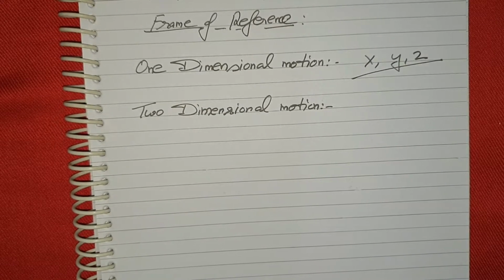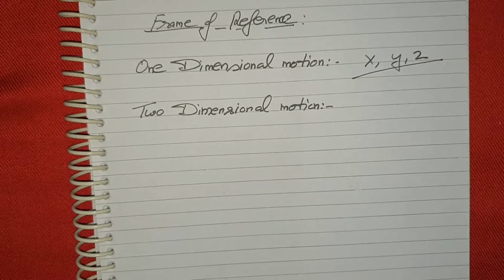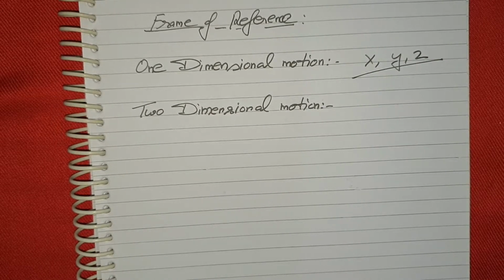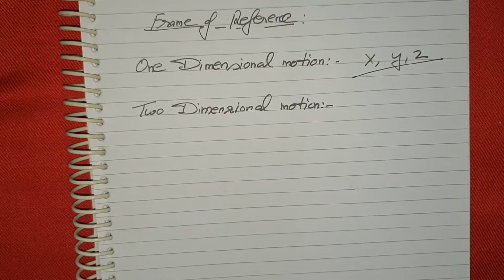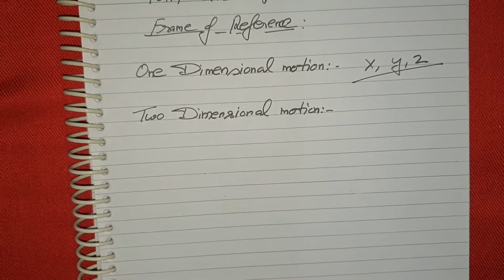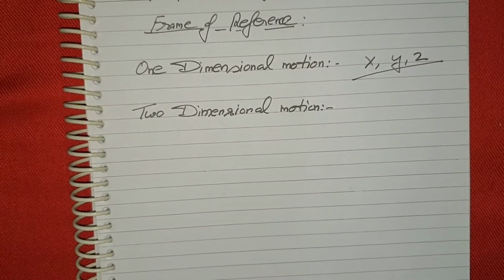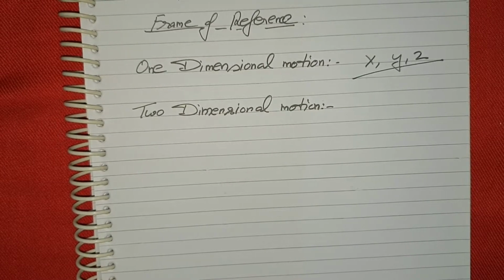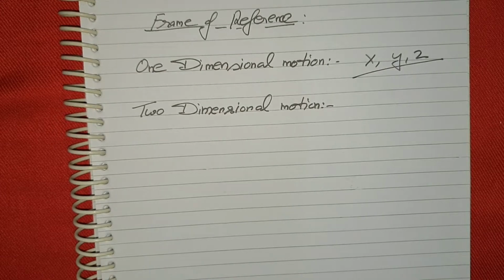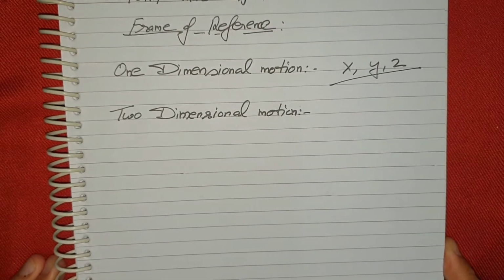In such a motion, for example, the motion on a plane. Plane means a level ground. For example, an insect crawling on the floor. You can also take the earth revolving around the sun and a billiard ball moving over the billiard table. So, this is two dimensional motion.